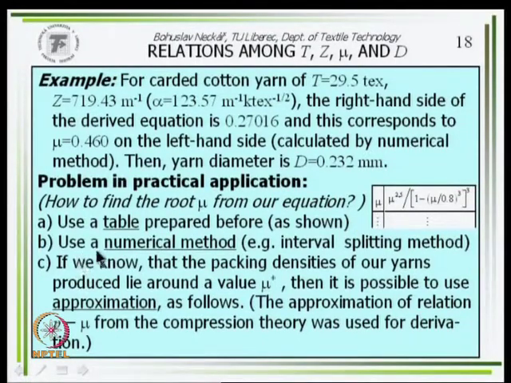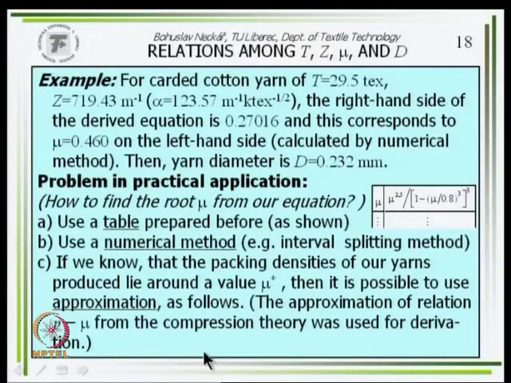The second version is to use a numerical method, for example the interval splitting method. But you need to know some basic tools from numerical mathematics, and you'll be able to program it. Maybe you are, but a lot of people are not, especially in the textile industry. Therefore, a third version for practical application is also possible.